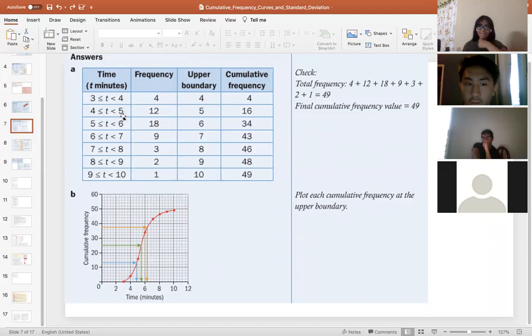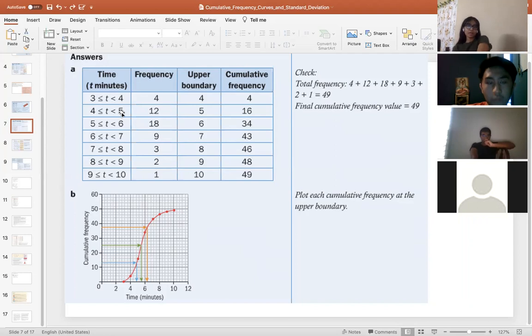To get the data point, I did 4 plus 5 divided by 2, which is actually wrong. You have to take the upper boundary, which is 5. When you plot the point, you take the cumulative frequency, which is 16, on the y-axis, and for the time you would take 5. You wouldn't take 4 plus 5 divided by 2.